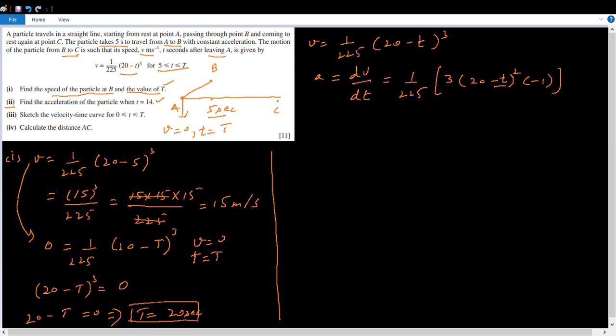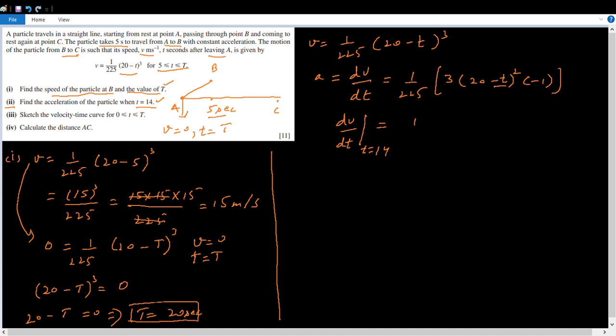So when we further simplify it, we are supposed to find out the acceleration when t is equal to 14. So we will put the value of t equals 14 in dv over dt.